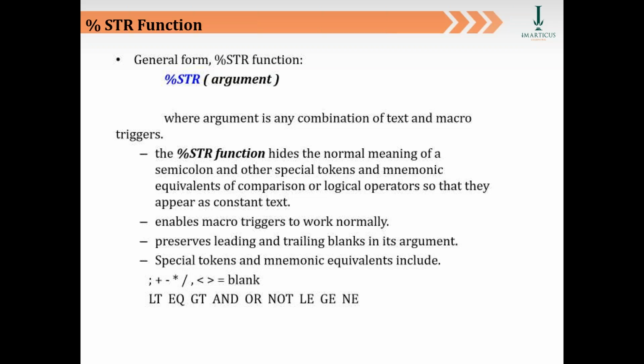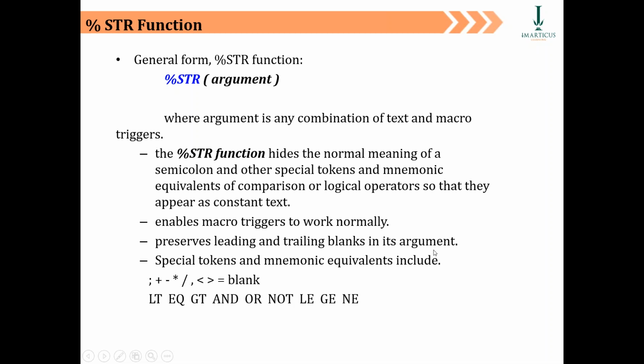Now coming to the next one, that is percentage str argument. This percentage str argument is basically a combination of text and macro triggers. The str function hides the normal meaning of semicolon and other special tokens and mnemonic equivalents of comparison or logical operators so that they appear as constant text. It enables macro triggers to work normally.